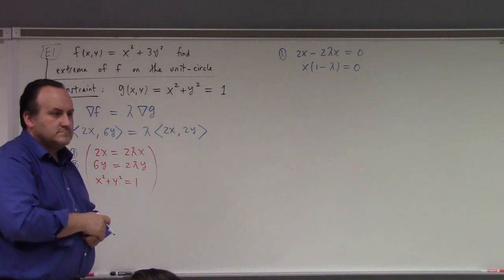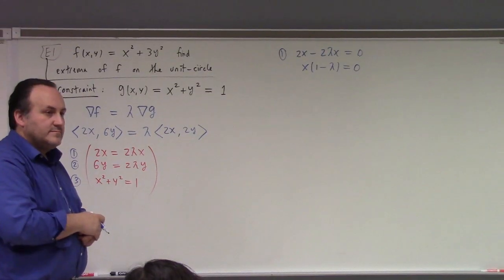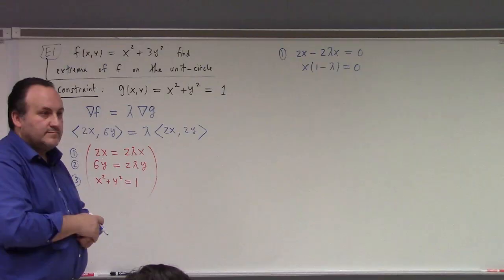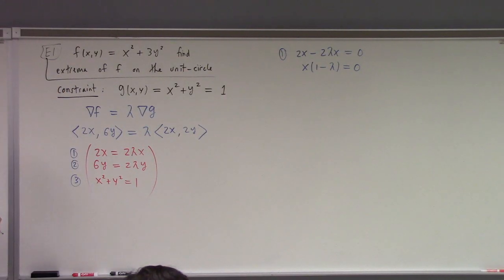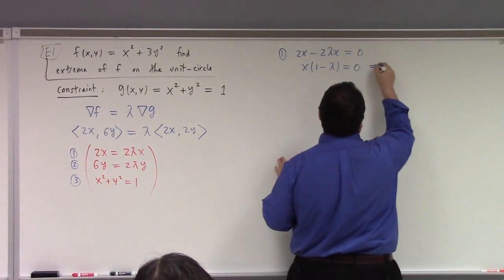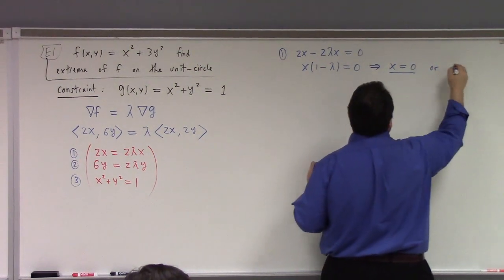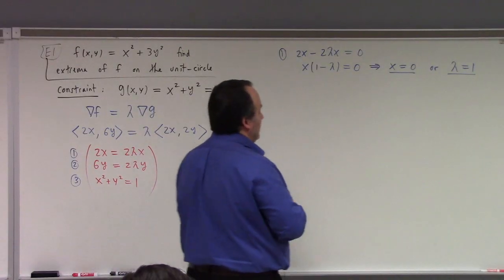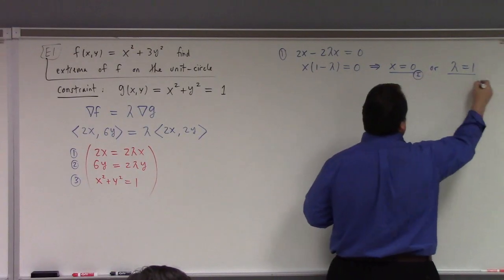Where did the 2 go? Right, we can divide by 2. So what does this tell me? There are 2 cases, right? x is equal to 0, or what? Lambda is equal to 1. So choose your adventure. Let's look at this as case 1 and case 2.